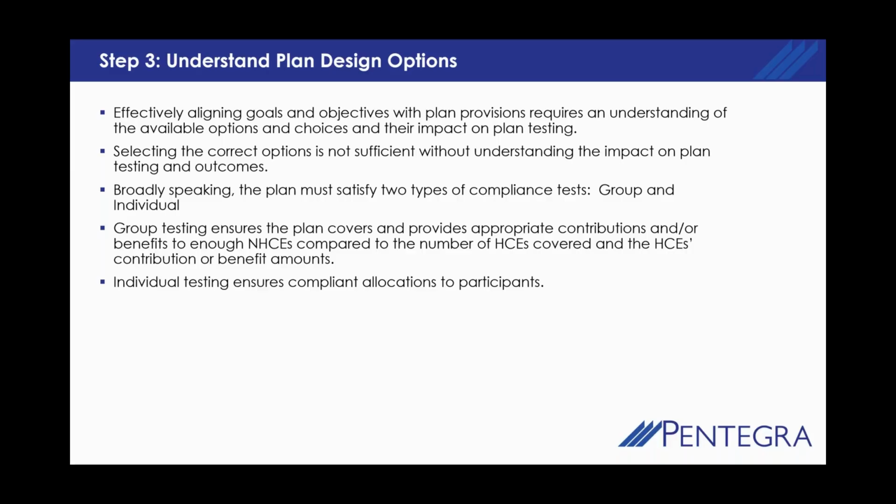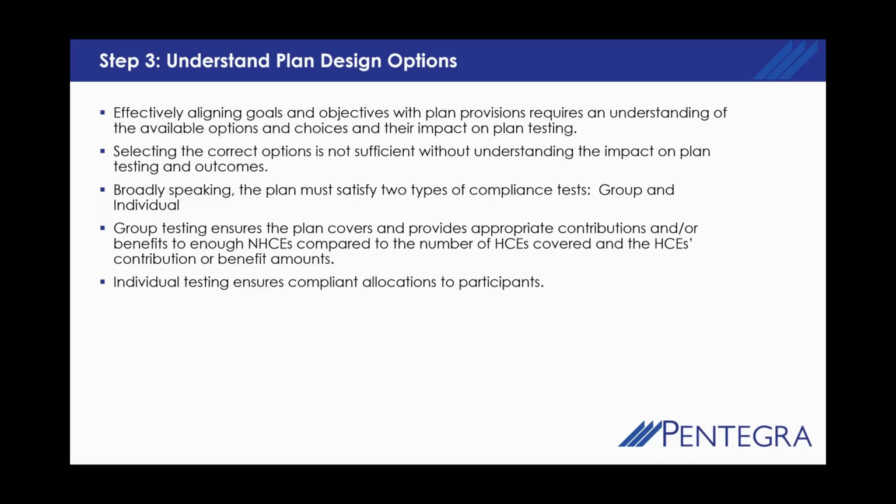So on a broad basis, no matter what we choose, we always have to keep in mind that we have to pass testing. All plans have to pass the rules. On a group basis, on the overall basis, the plan has to meet non-discrimination testing, as well as coverage rules, non-discrimination, equal rights and benefits and features for everybody, all those kinds of tests.